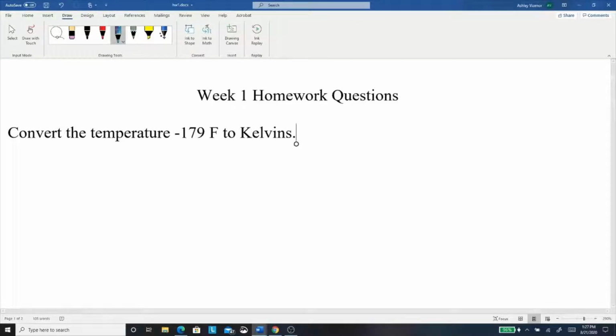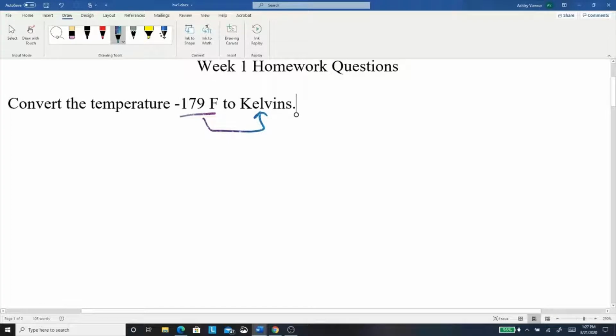So we are given negative 179 degrees Fahrenheit. And we want to get to kelvins, but we really can't do that directly unless you combine two different systems of equations, which you could do, but I prefer to do things one step at a time. So the first thing we should do is go from degrees Fahrenheit to degrees Celsius, and then from there we can go to Kelvin.